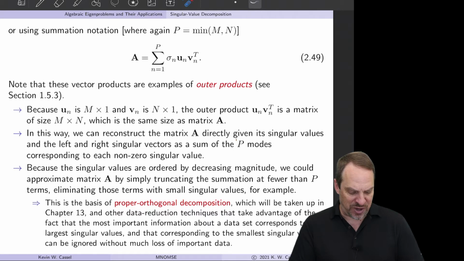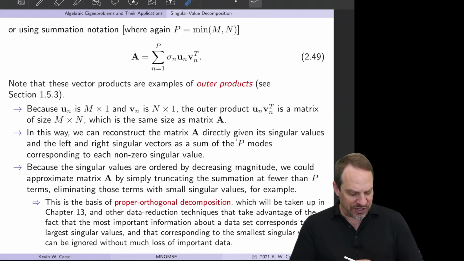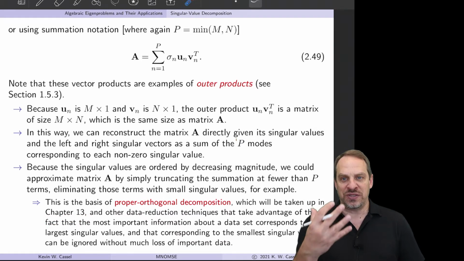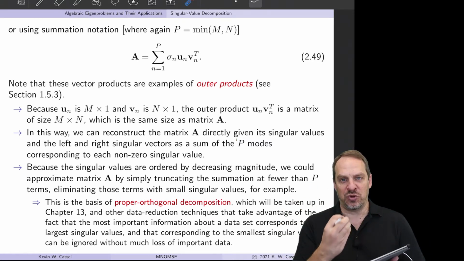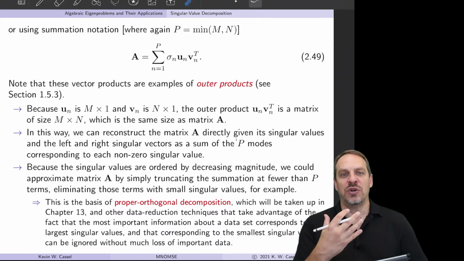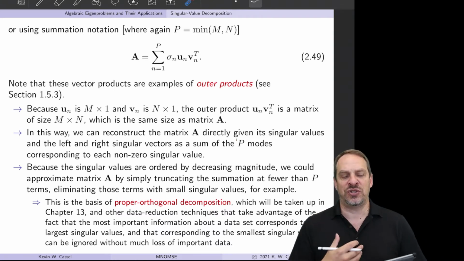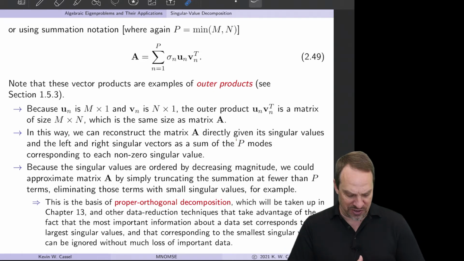That's the basis of proper orthogonal decomposition. You've heard me mention this a number of times. It's not until chapter 13 that we get into the details of POD, but it's based on this very idea. In fact, many people think of SVD and POD as kind of synonymous in this very sense. So take a large data set, reduce it down to a much more manageable size, but still have an accurate representation of the original data with this reduced amount of information.